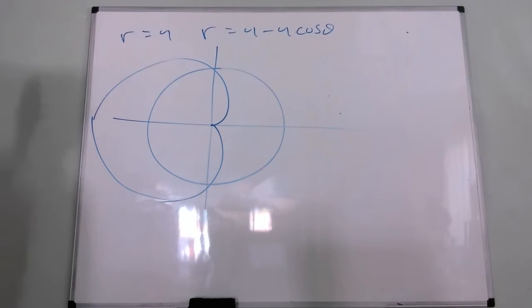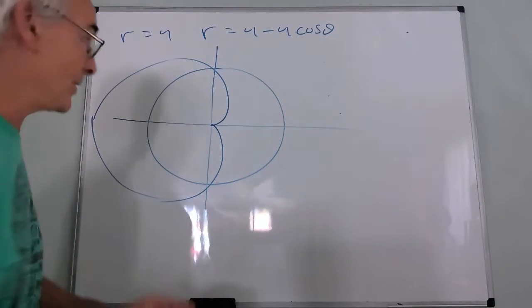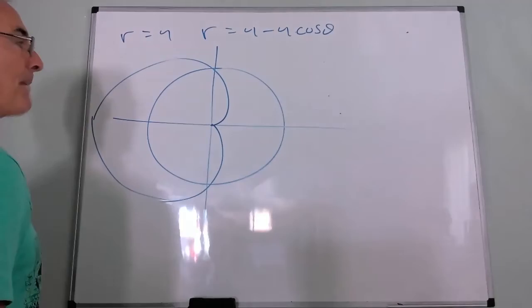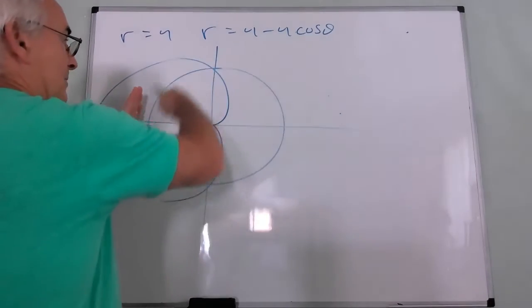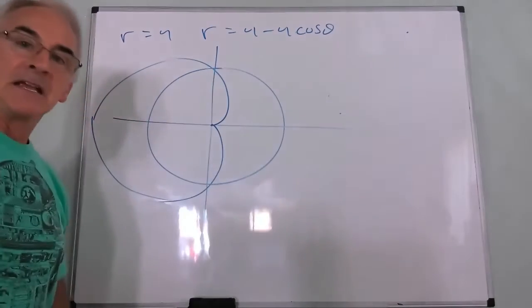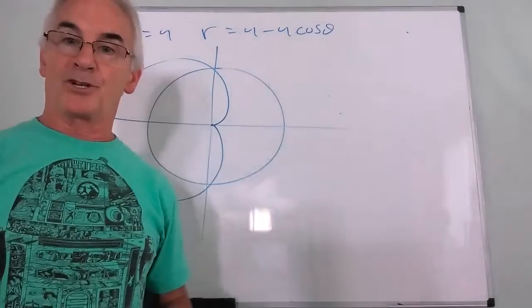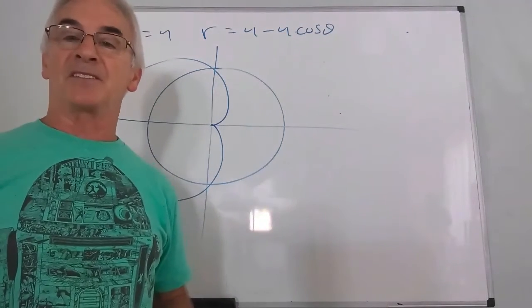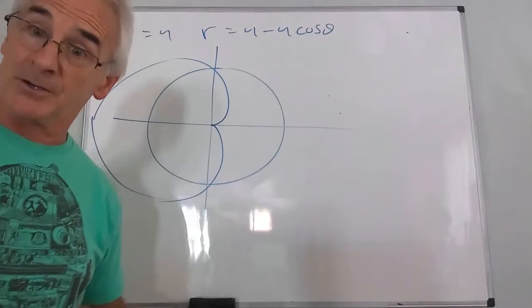Okay. Now, if I said area bounded by the cardioid, that would be this part here. If I said area bounded by the circle, that'd just be the area inside the circle. If I say area bounded by both shapes, just like we did in the XY plane, it's the area that's inside of both of them at the same time, the intersection.